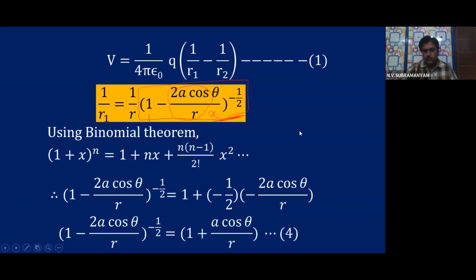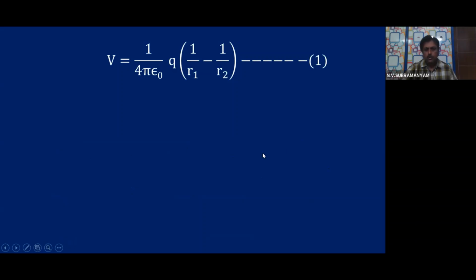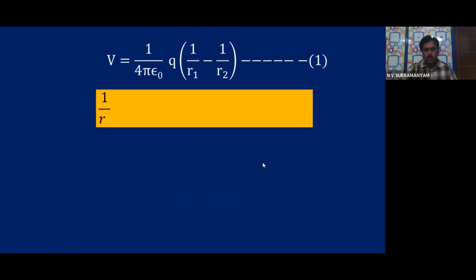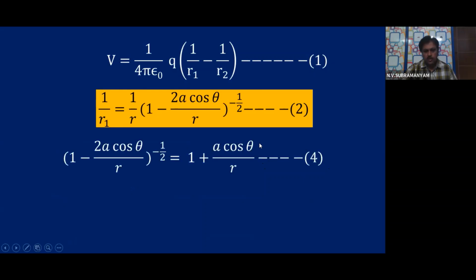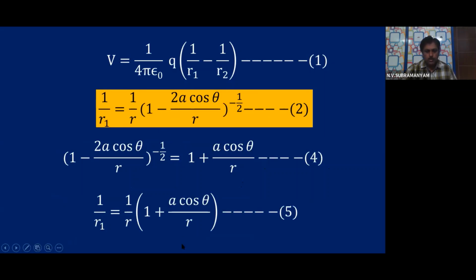That is what I am getting. The next term, let us call that equation 4. So our base equation V is 1 by 4 pi epsilon 0 q into 1 by r1 minus 1 by r2, that we already know. This is the second equation. From this we got 1 minus 2a cos theta by r power minus half is 1 plus a cos theta by r. So 1 by r1 is equal to, this value substitute here, children.